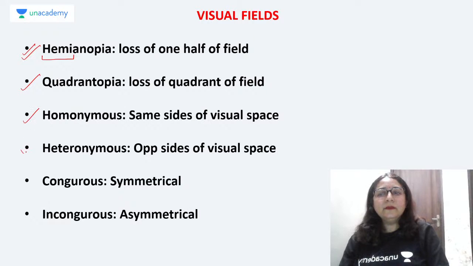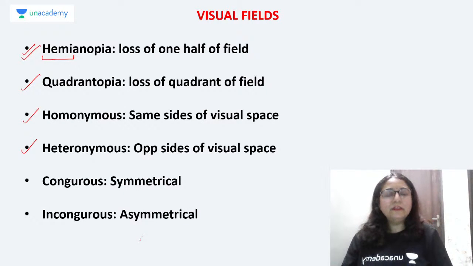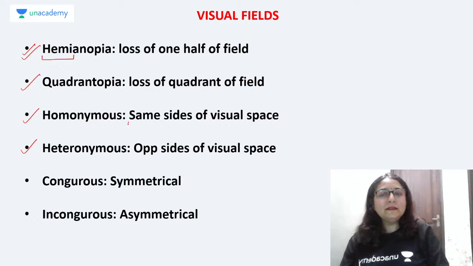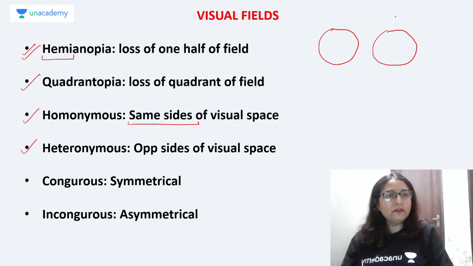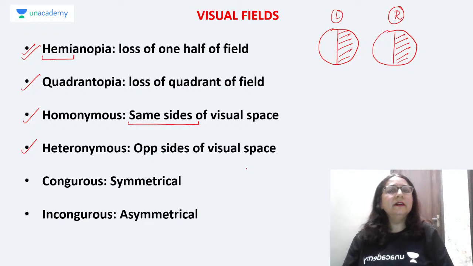Then there are two terms, homonymous and heteronymous. The field defects are said to be homonymous or heteronymous. What do we mean by this? Homonymous means the field defect is involving the same sides of the visual space. So if this is the visual field of the left eye and this is the visual field of the right eye, with this as the vertical meridian, in a homonymous field defect the defect will be involving the same side of the visual space.